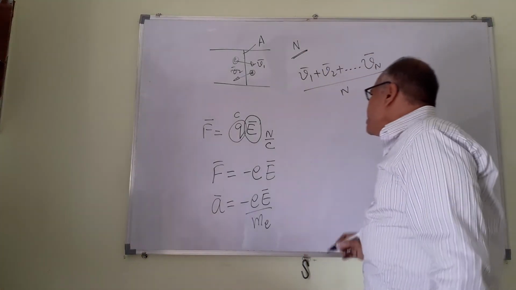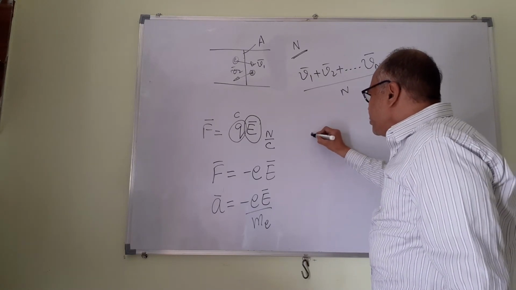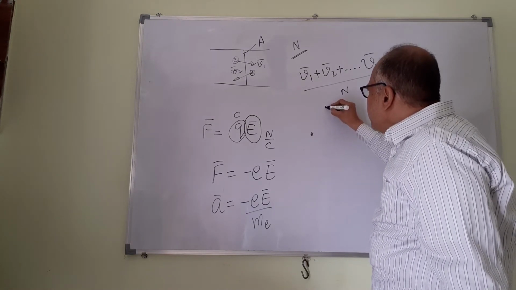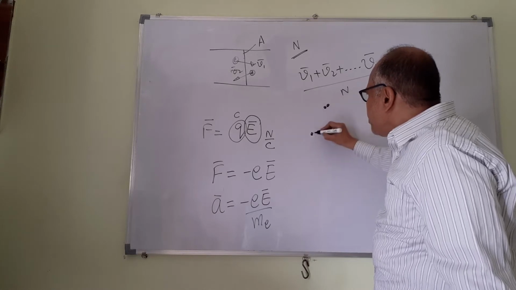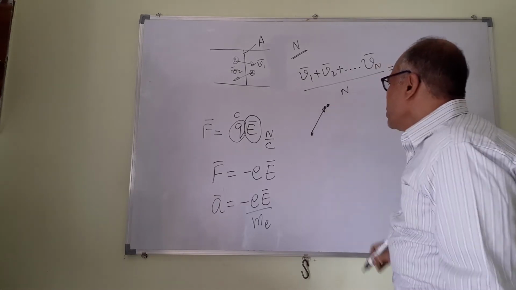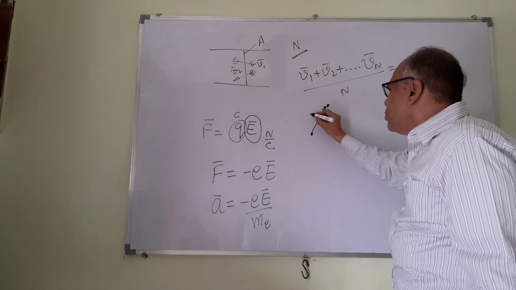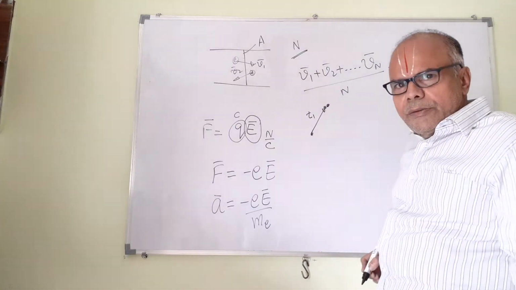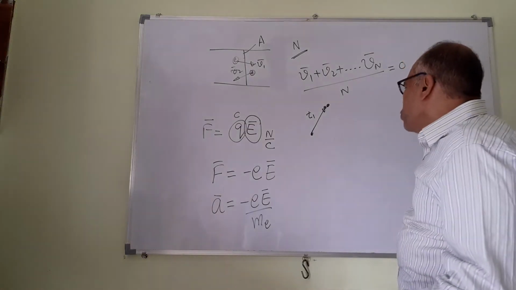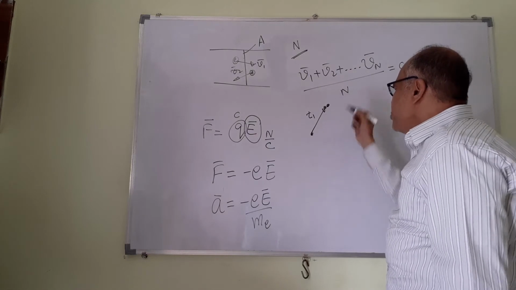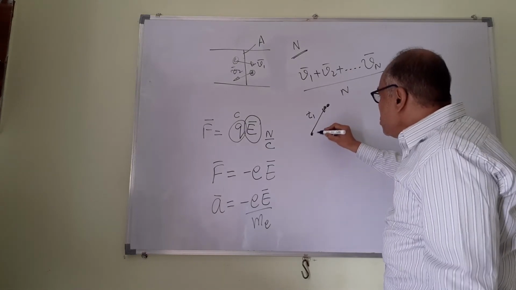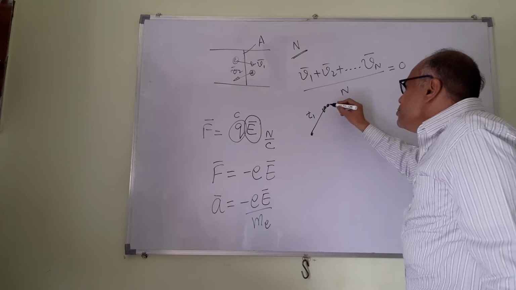Supposing the electron is here and it goes here and collides with some other electron, or with an atom of the conductor, within a time t1.